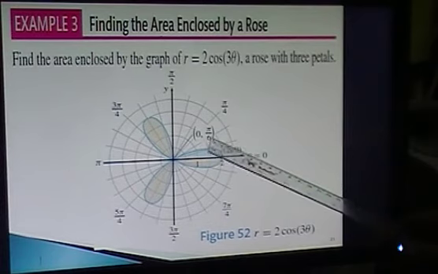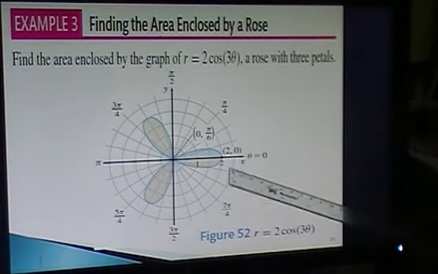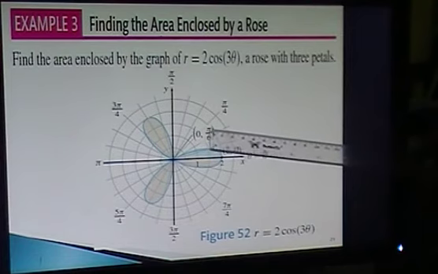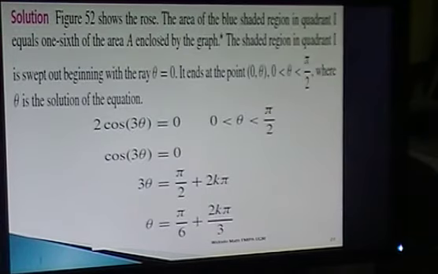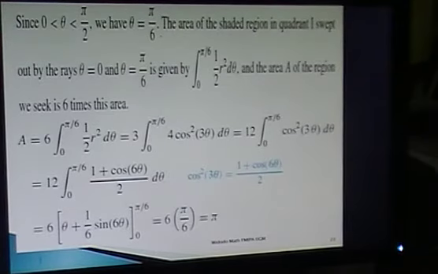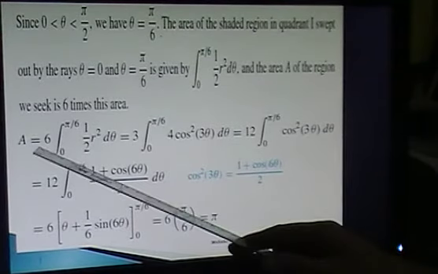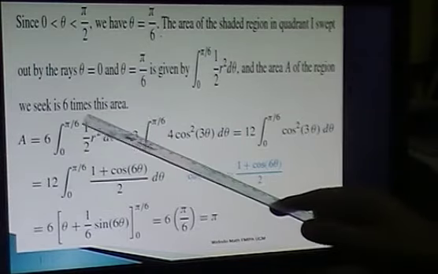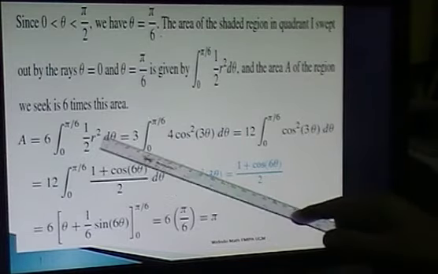Why do we need this angle? Because we want to integrate from 0 to this angle. So this angle is actually phi divided by 6. So we are ready now to calculate the integral. So the area is actually 6 times the shaded, the blue area.